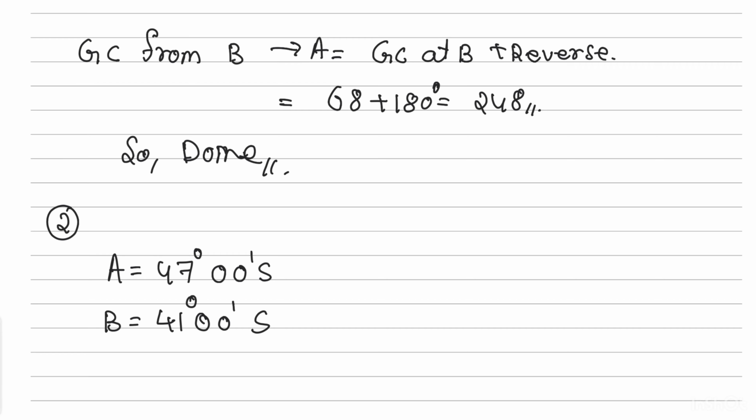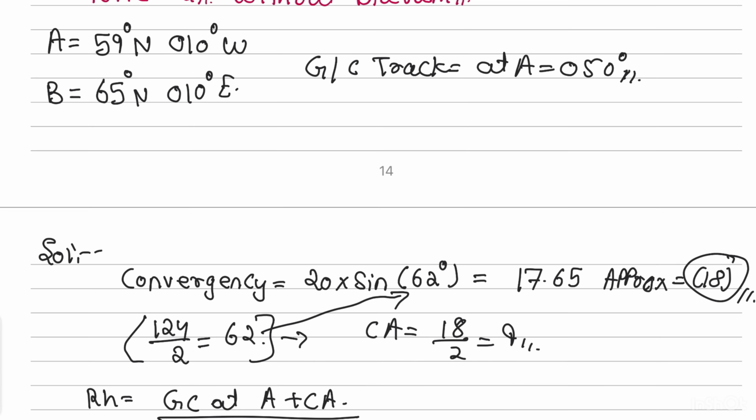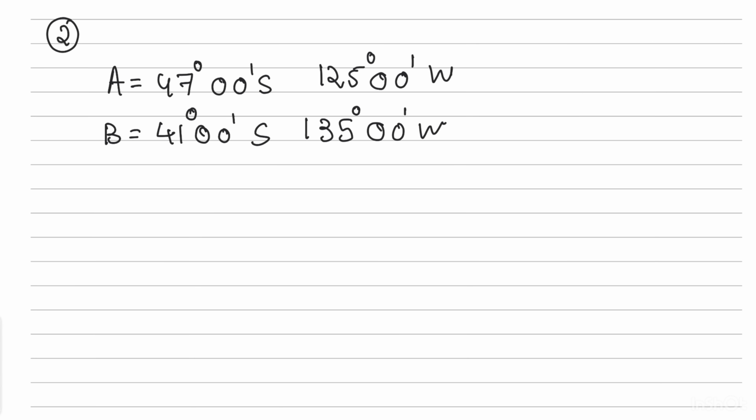They do. So the question given to us in the second form is: A is 47 degrees and B is 41 degrees south, both are in the south hemisphere, though I think the bulge will come down here. Okay, so we are not drawing the diagram, so let's do it directly.